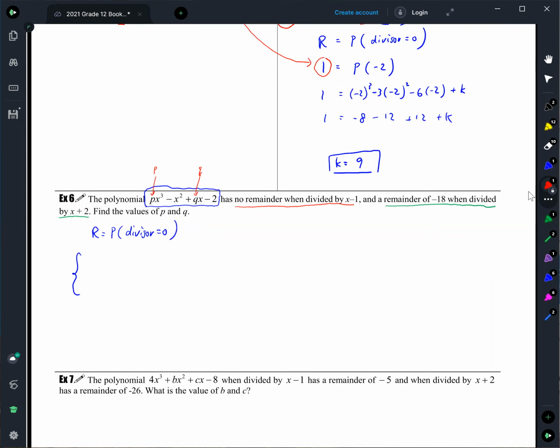What does it say? What's the remainder? 0. Yeah, no remainder is 0, right? So you will get no remainder when you divide it by what? X minus 1. Okay, if you divide by x minus 1, what number do you put in to find the remainder?